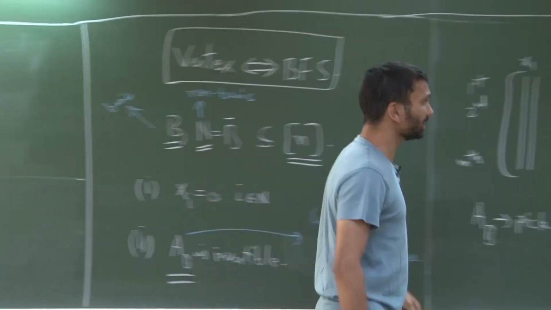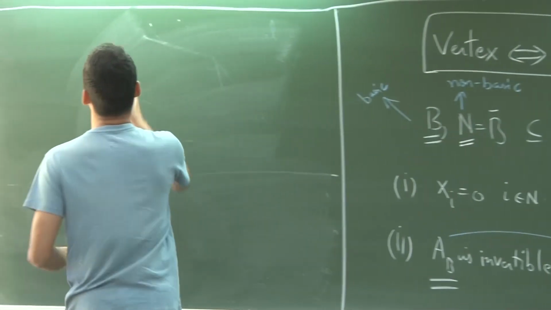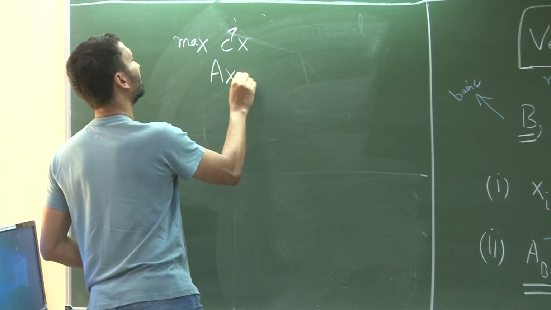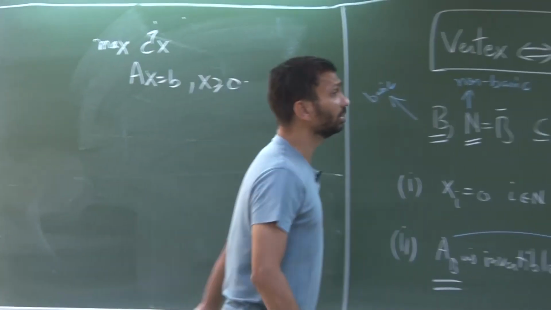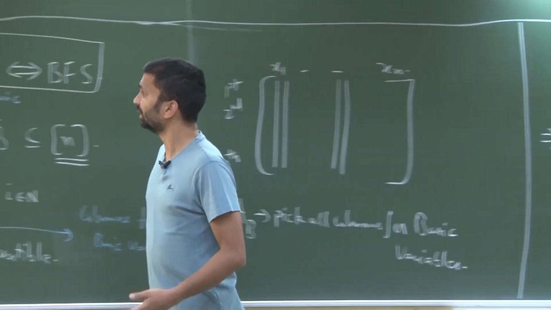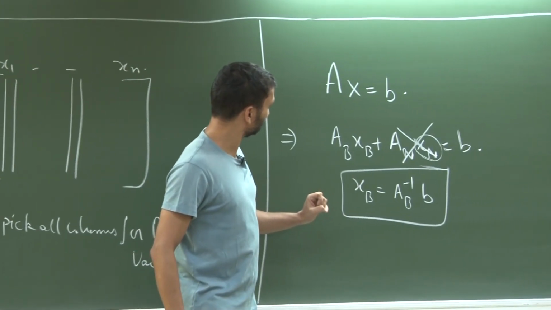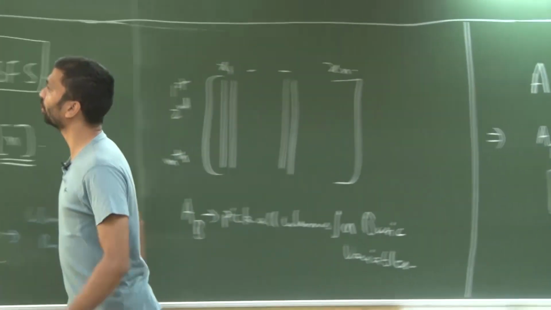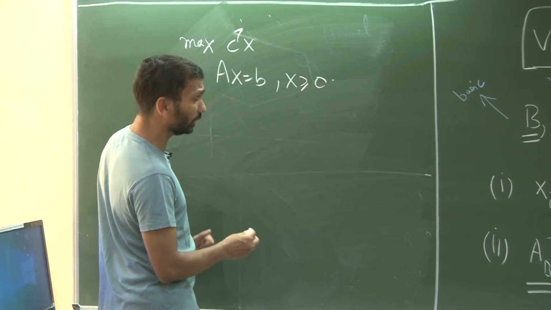So this equation is actually pretty nice. I started with this, but then if I know this, it is telling me that every basic variable, sorry, what did I do? Okay, wait, yeah. Let me redo it.